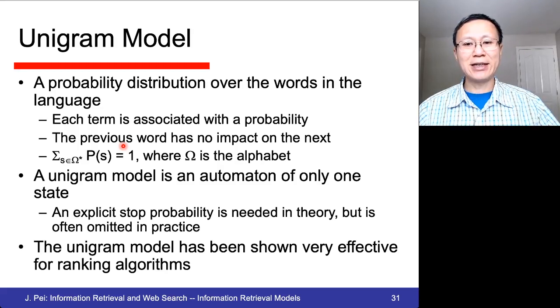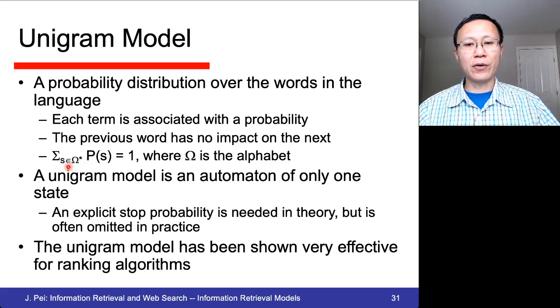Of course, this assumption oversimplifies the situation. It is far from true in practice because when we write sentences, the previous word has some effect on the next word we will use. But it happens that the unigram model indeed works pretty well in practice.